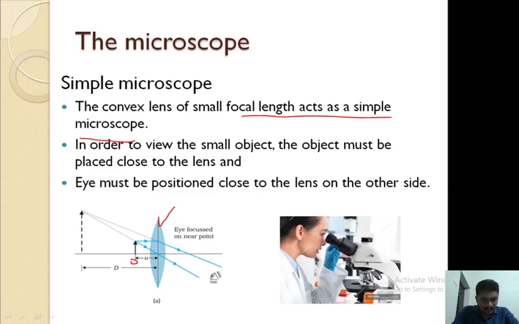Here the eye is close to the lens and the object is also close to the lens. This is the compound microscope, but the same thing will happen in the simple microscope also. So in order to view the small object, this condition must be satisfied. We need to place the eye close to the lens and the object also close to the lens, then only we can see it clearly.